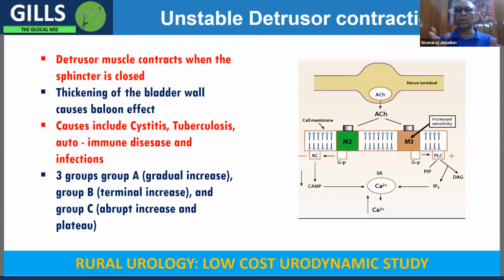But in neurological problems, the muscle contracts when the sphincter is closed. So the pressure inside the bladder goes up, and this can also impair the valve mechanism which prevents reflux of urine into the kidneys.